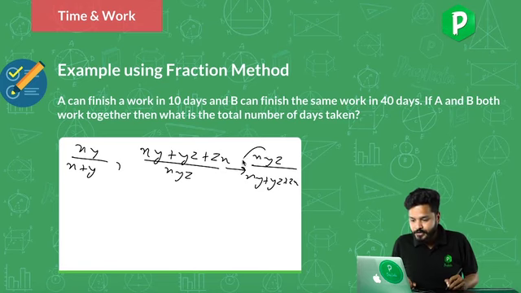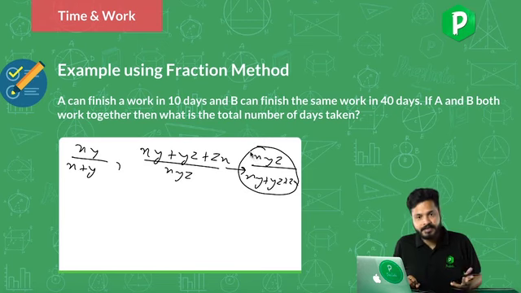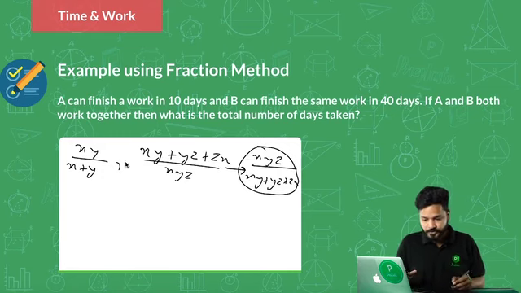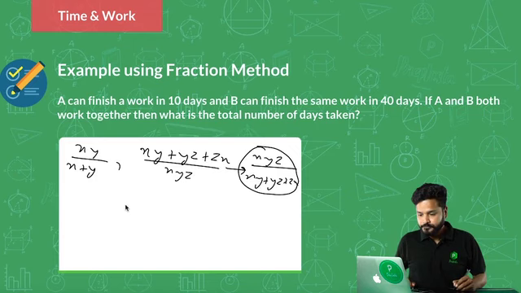This is the formula to find the number of days needed by 3 persons, let's say A, B and C, where A can finish the work individually in X days, B in Y days, and C in Z days. So you can note down this formula.